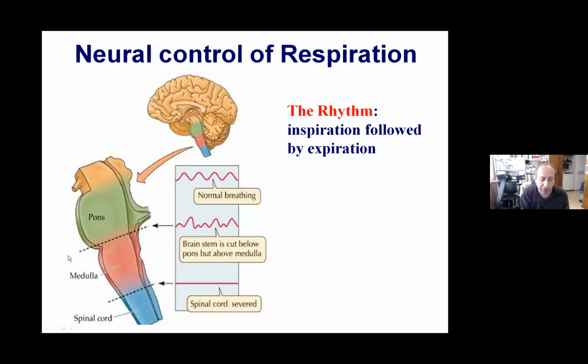Now, what if you make a cut in between the pons and the medulla? You will see that breathing continues, which means it's the medulla that contains this central pattern generator that controls breathing. But at the same time, you see some irregular breathing, which means that the pons somehow modulate the rhythmicity of breathing.